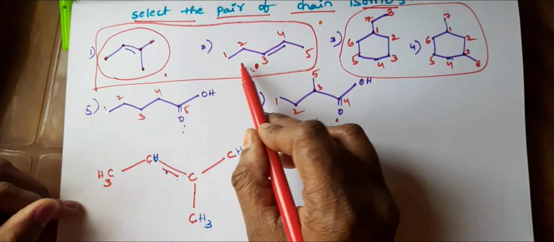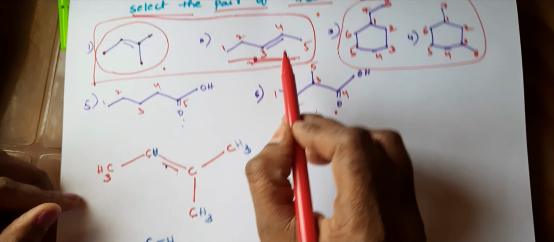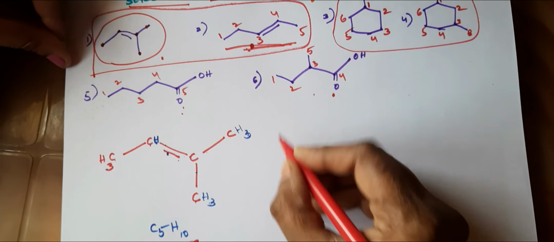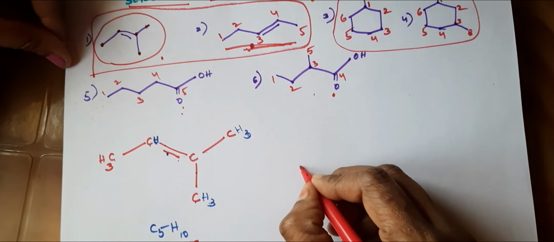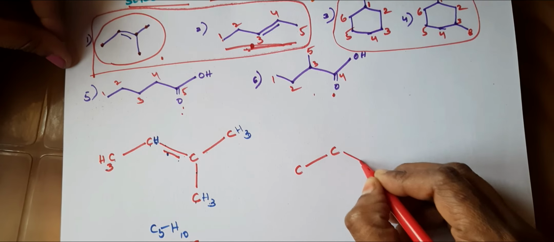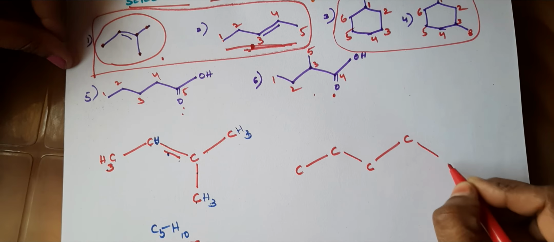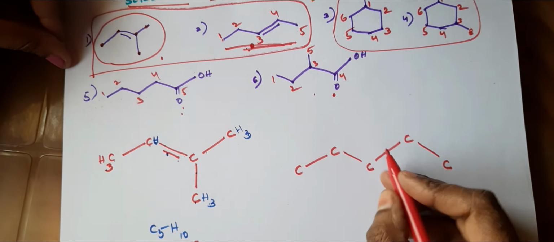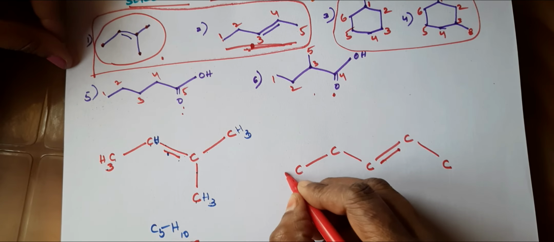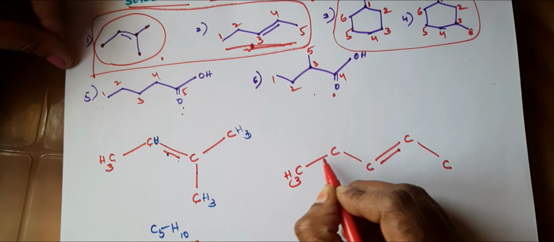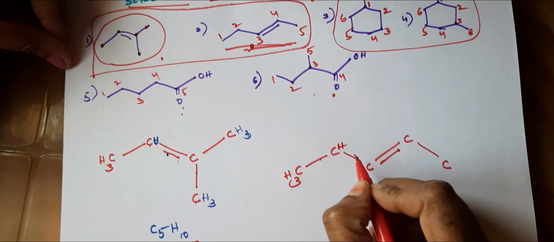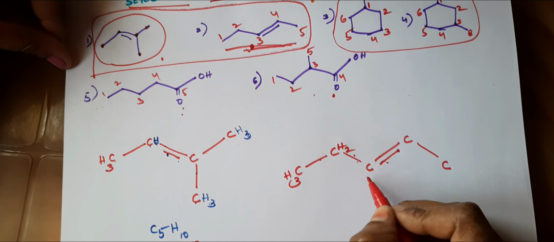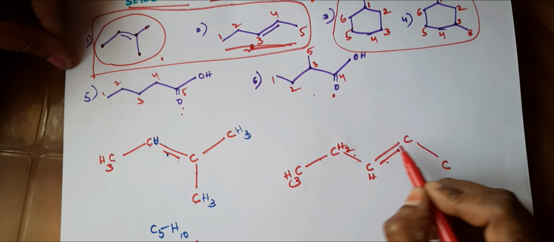If you want, I'll elaborate the structure of this compound also. See here, it is the first carbon, carbon, carbon, carbon, and here carbon. Between the third and fourth we have a double bond. For the remaining, write the hydrogens. This carbon has 1, 2 hydrogens. Then 1, 2, 3. So it has 1 hydrogen, and 1, 2, 3.